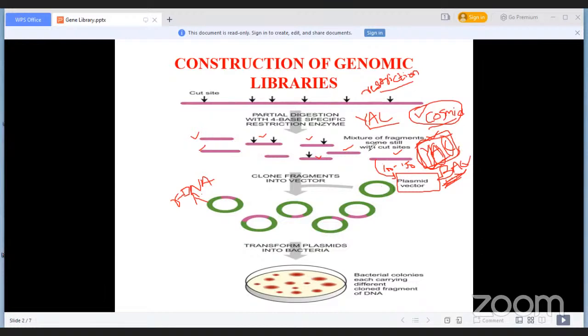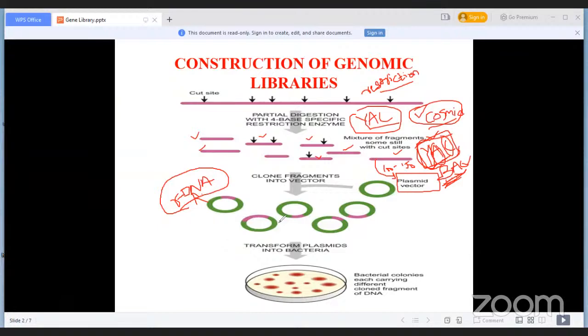That is based on the length of the cutting fragment. If the length of the cutting fragment is small, we can use plasmid. If very large, we can use YAC vector. So after the plasmid is combined with the gene cutting fragment, this combination is called recombinant DNA or rDNA.